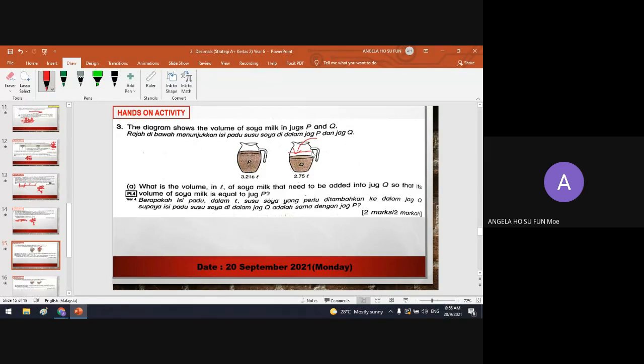So how to find the extra volume of soya milk that I need to pour into Q? Minus. Minus, very good. Try to minus and tell me what your answer is.